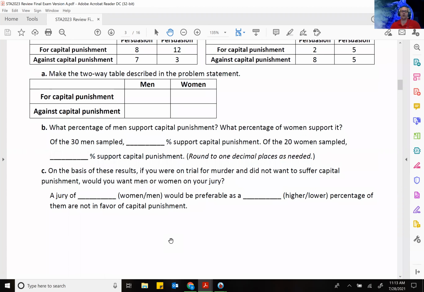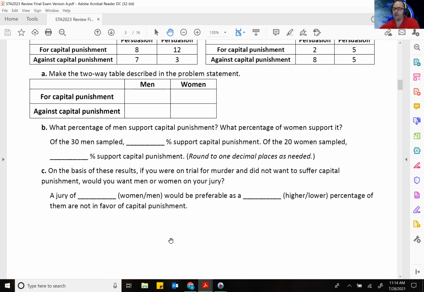All right, so part C. On the basis of these results, if you were on trial for murder and you didn't want to suffer capital punishment, would you want men or women on your jury? Women.